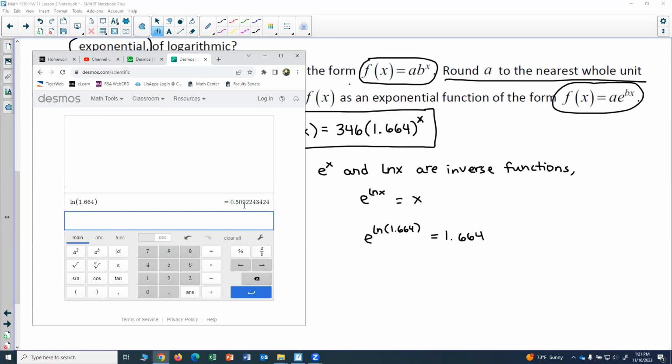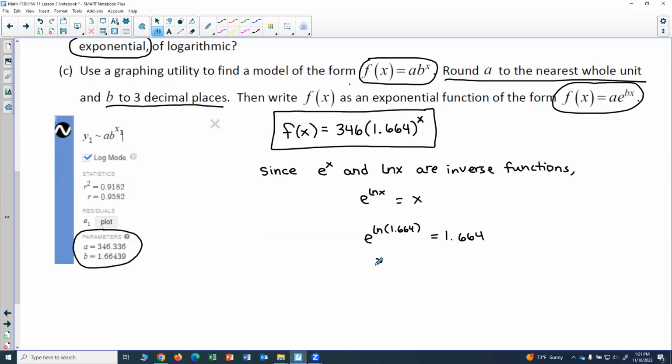So natural log of 1.664 is 0.509. So this will give me e to the 0.509 is equal to 1.664.